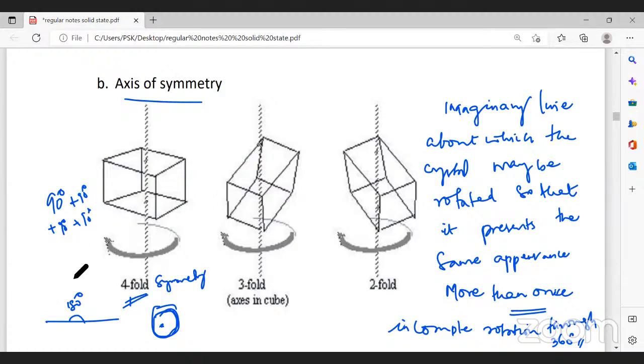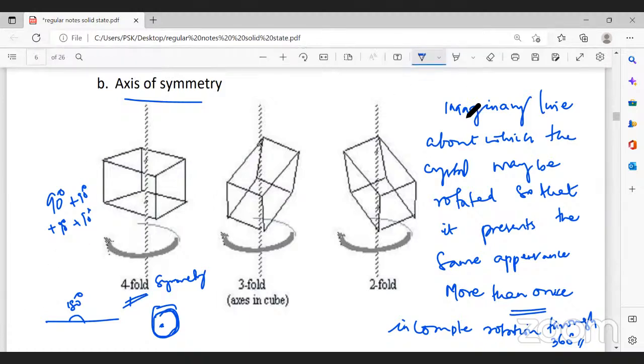Yes. Now tell me, if you have understood, what is threefold symmetry and twofold symmetry? Someone tell me. You can see the differences in the cube. What do you mean by threefold symmetry? What is the rotation here? If we rotate 120 degrees 3 times, totally it's again 360.